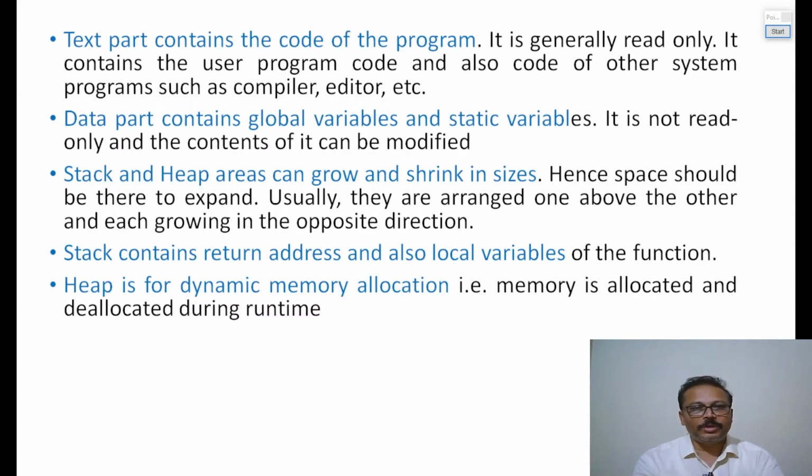The text part contains code, and the data part contains global variables and also other types of variables. These are all storage classes. Extern is the storage class for global variables.